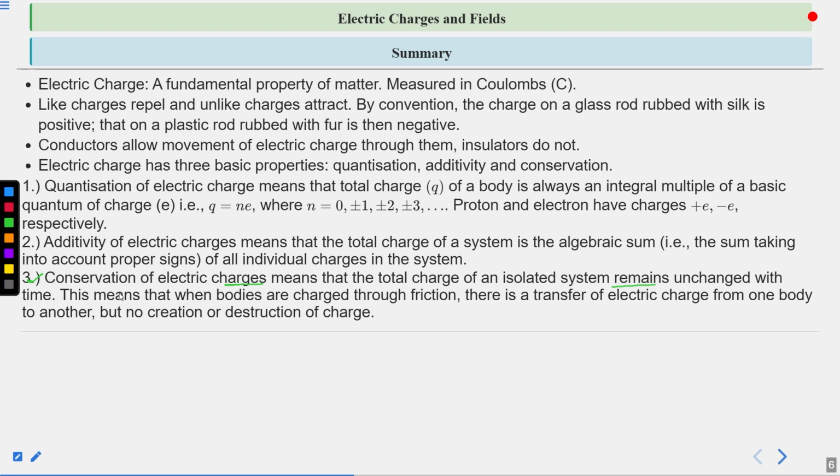It does not depend on time. This means when bodies are charged through friction, there is only transfer of electric charge from one body to another, but no creation or destruction of charge. I hope these three basic properties are clear. Yes or no?